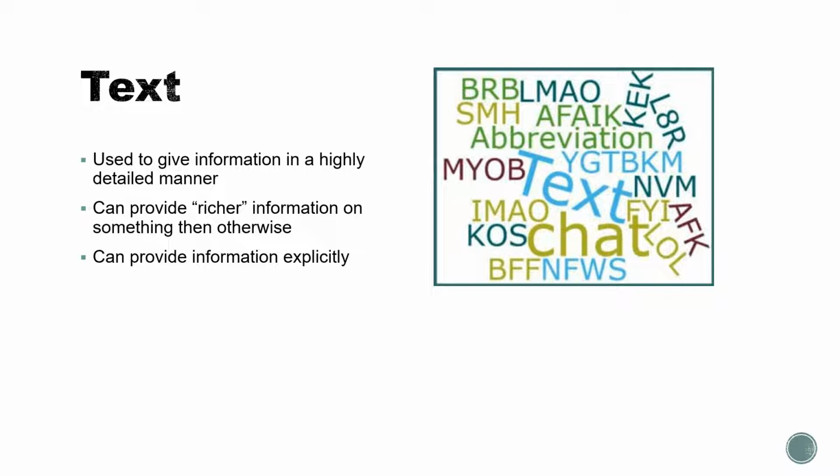When I talk about richer information, it means that it can describe very explicitly the types of things that it is, or you want the person that is viewing the site to know. So you might want to talk about various different issues that are in the media, or you might want to explain something very explicitly, and text is a very good way to do that, because as long as it is written well, it leaves no grey areas.